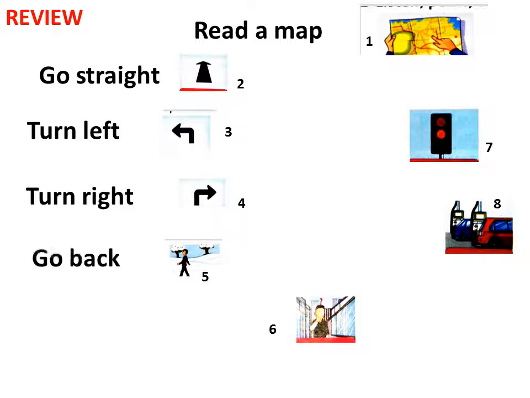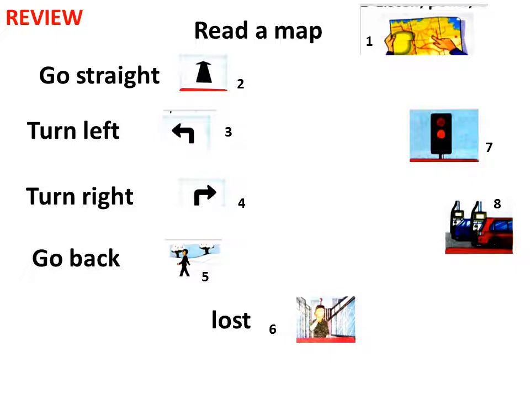Go back. Good. Now look at the man standing in the street with a question mark on his head. It means he couldn't find his way home, so he got lost. Good. Now let's move on to picture number 7.